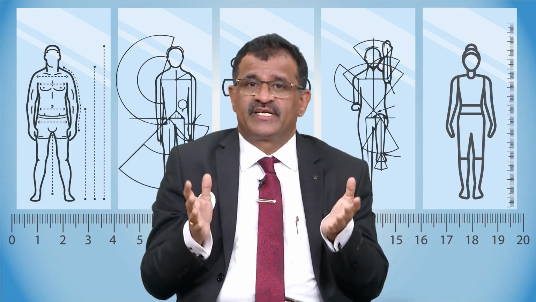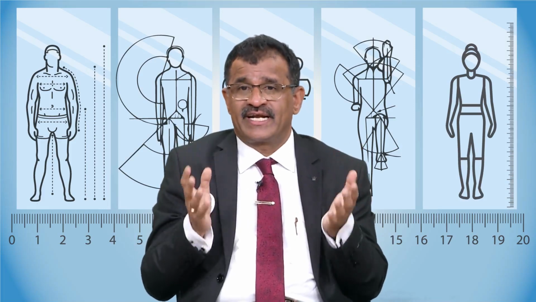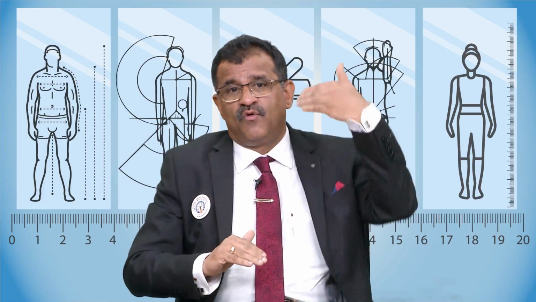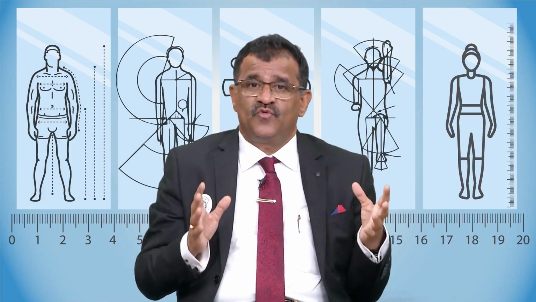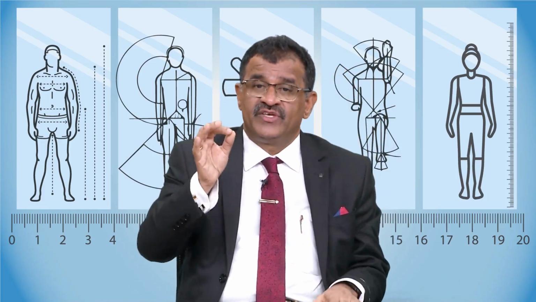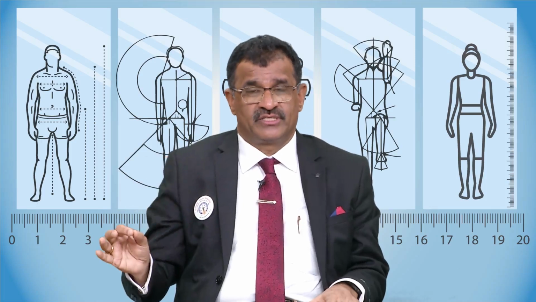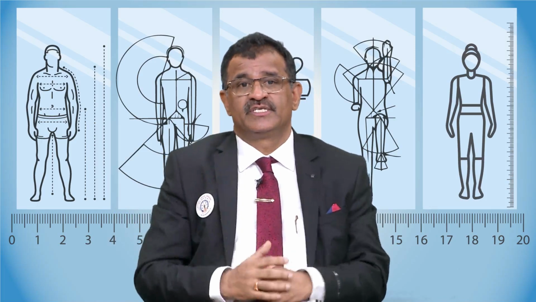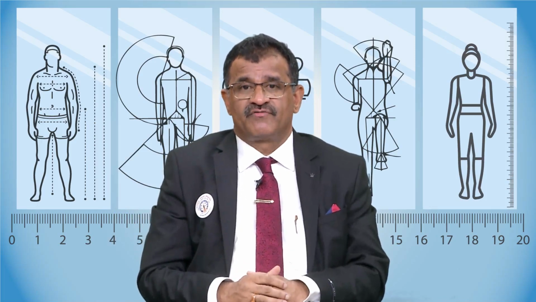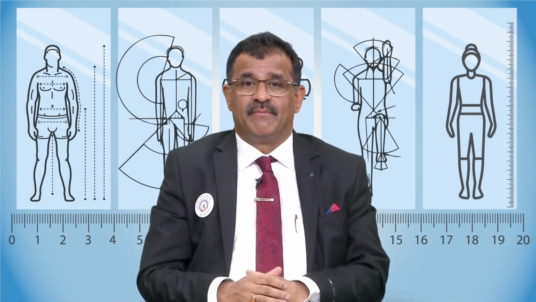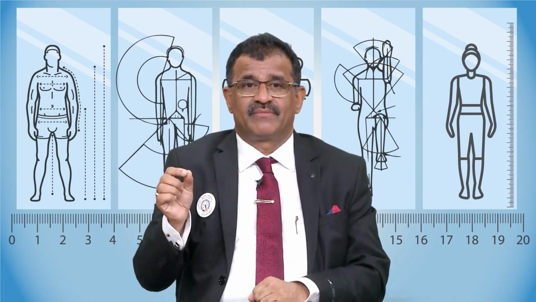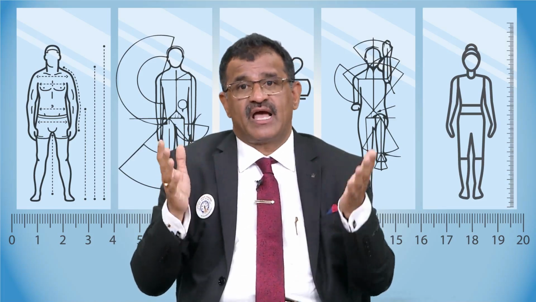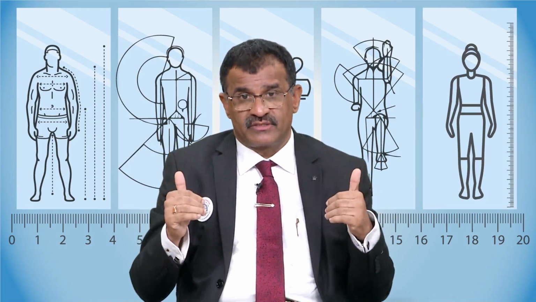Hence, anthropometry is useful for detecting undernutrition, overnutrition, and also for detecting severe acute malnutrition. Now, this is another term which you see here. Short form of this is SAM. SAM means severe acute malnutrition.